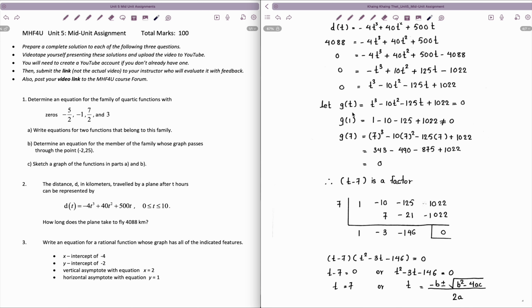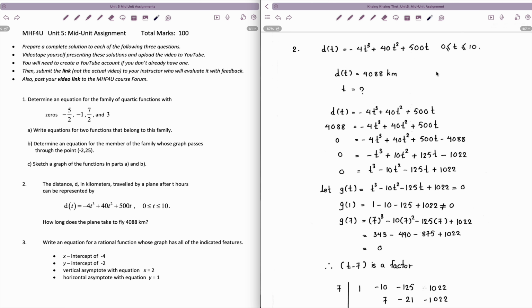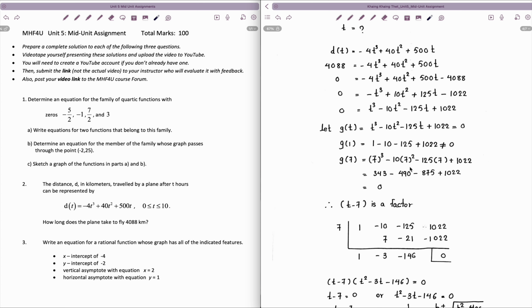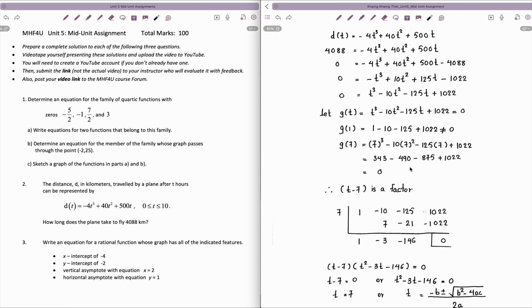Now let the equation be g(t) equals t cubed minus 10t squared minus 125t plus 1022 equal to 0. So using the factor theorem, we'll find the value of t if t is between 0 and 10. We'll use the factor t minus 1.